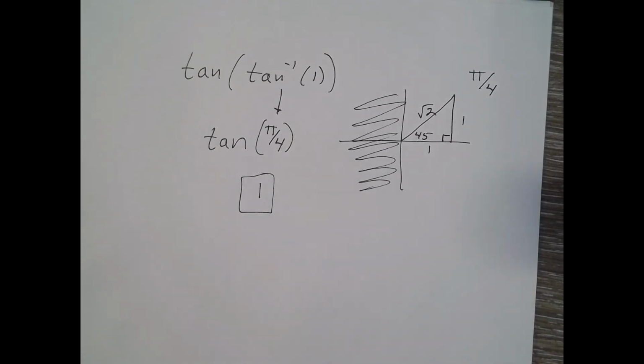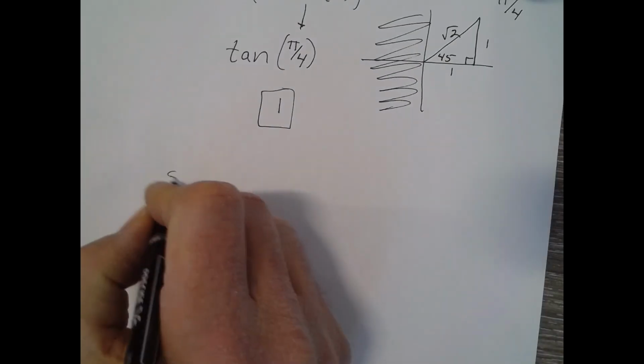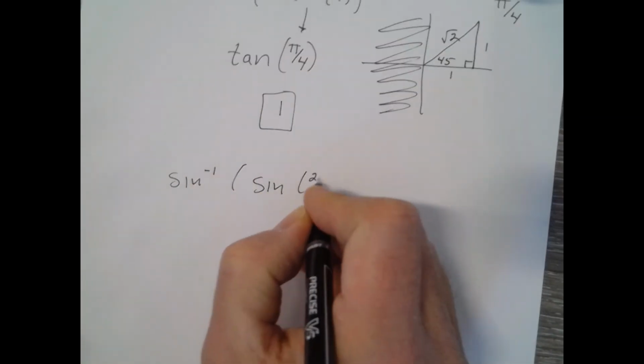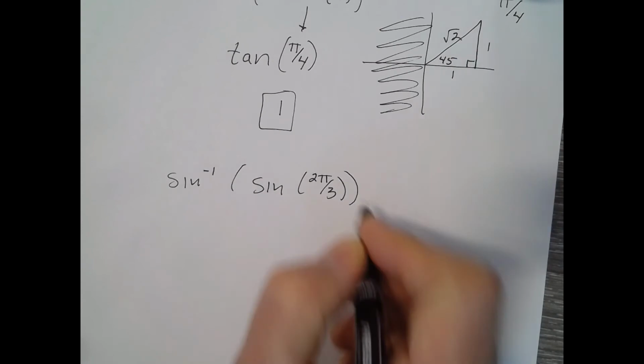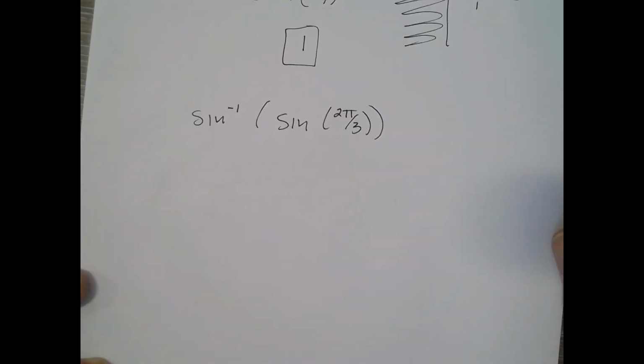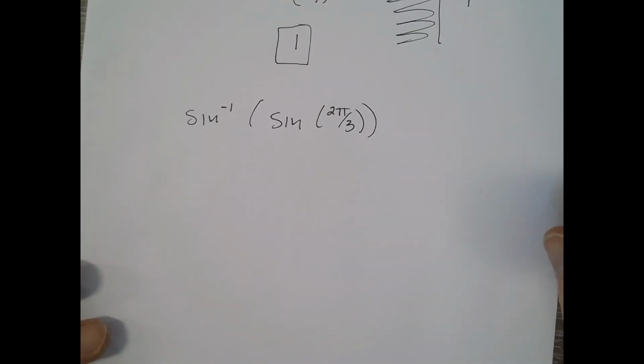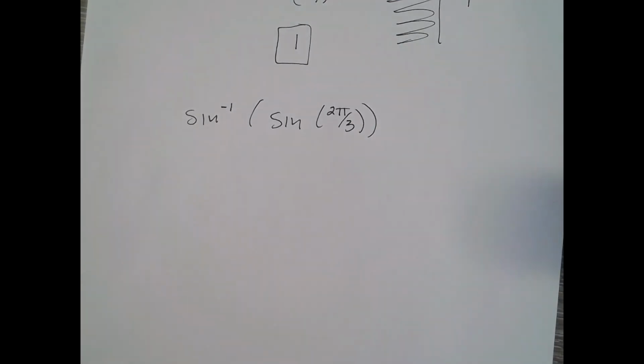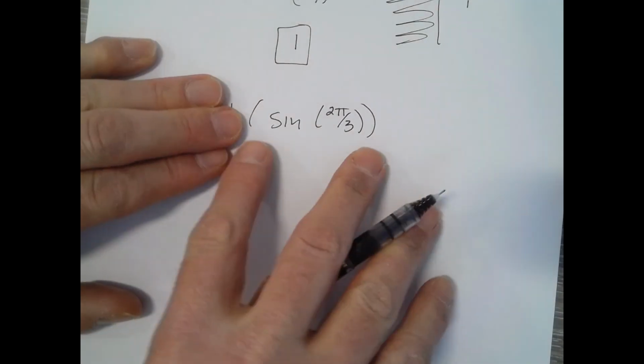So if I wanted to find the inverse sine of the sine of 2 pi over 3, well, on the inside or the outside, it does matter. You still have to work your way out. That's a good question. So that's what's a little different with this one. So we still have to work inside first.